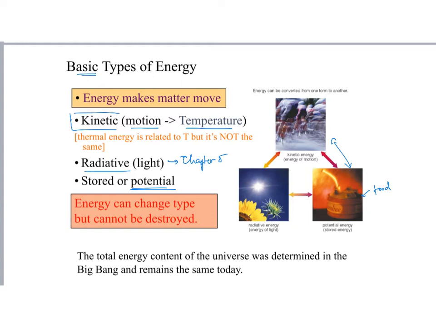You actually need the radiative energy in order to process the food and convert it into the energy that you need to move around. So what I'm saying here is that energy can change type, but it cannot be destroyed.